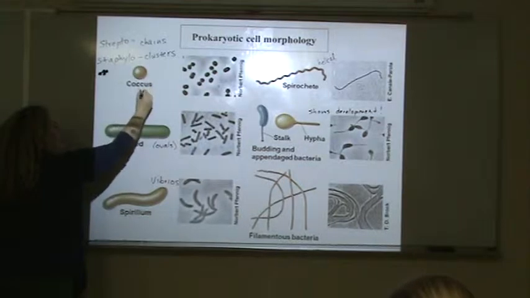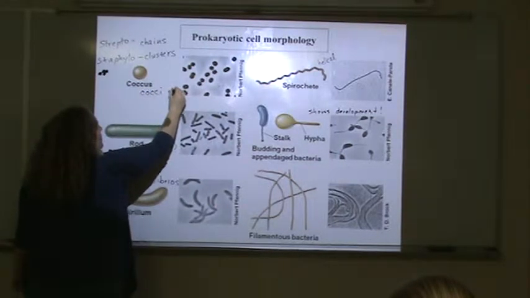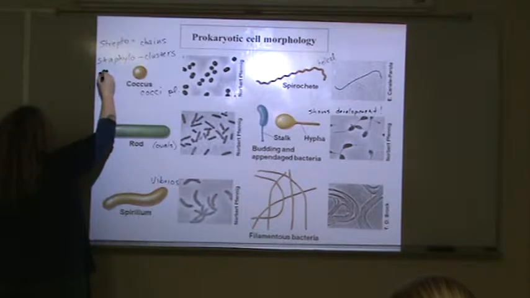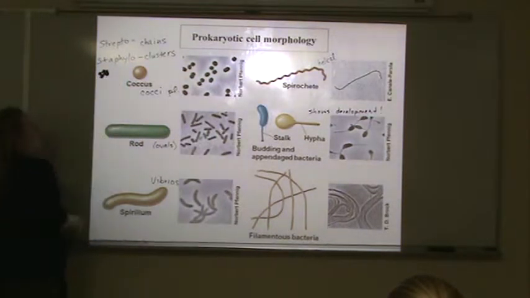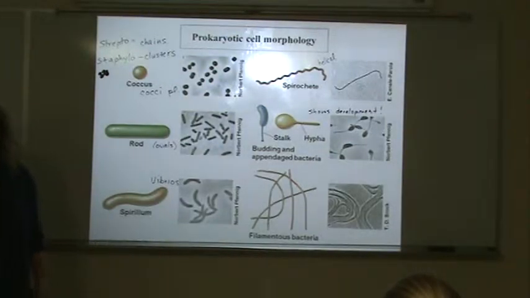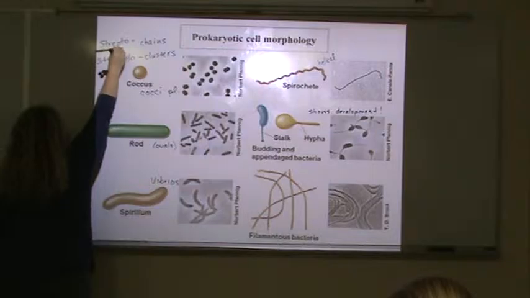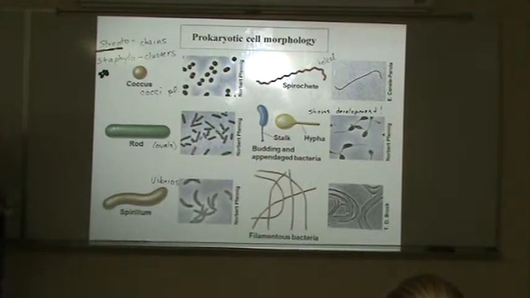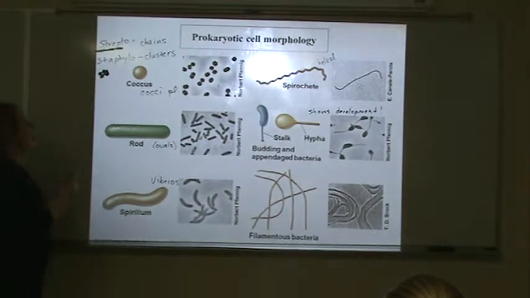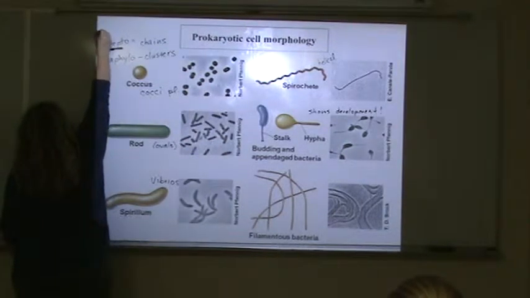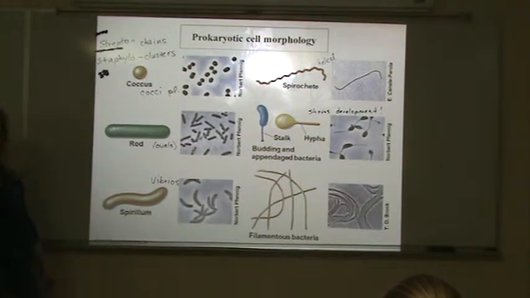So this is the singular, cocci is the plural. And if you have cocci that occur in clusters, they're known as staphylococci or staphylococcus. If you have rod-shaped cells that occur in chains, that could be an example of streptobacillus. You don't really get staphylobacillus, but you can have streptobacillus, streptococcus. And if it has that, it's in chains.